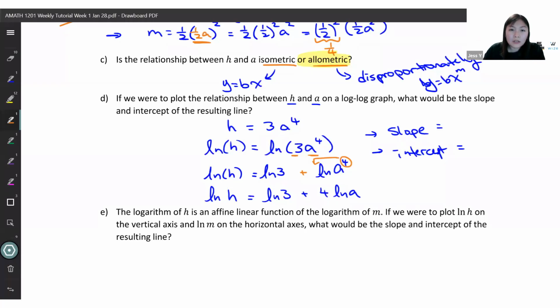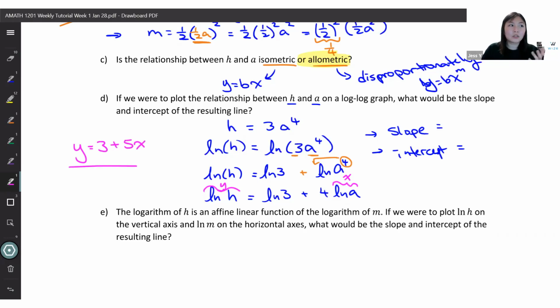On the left-hand side, ln h is by itself, so this is going to be our new y. Then on the right-hand side, where's the variable? The variable's over here, so this ln a is going to be our new x. So this looks like y equals, I'm just making this up, some number plus some number times x.